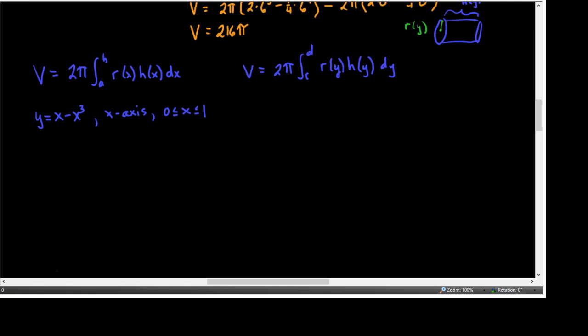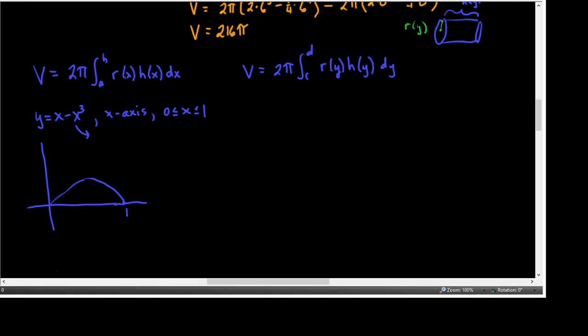So I'm going to use the part of the graph of x minus x cubed that will be used in this problem, and it looks something like this, between 0 and 1. Not exactly, but something like that.